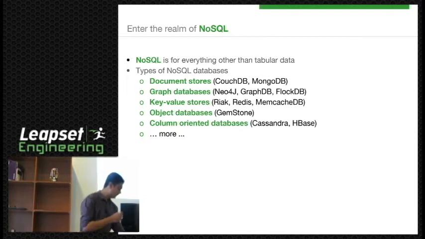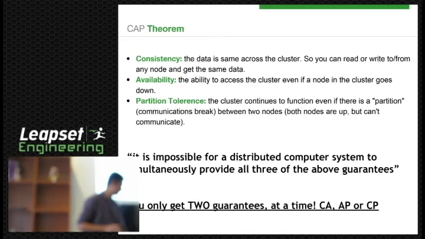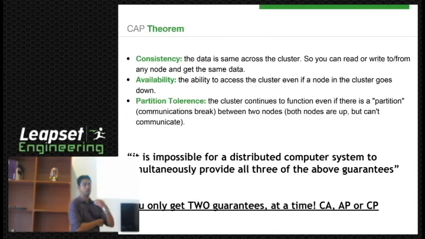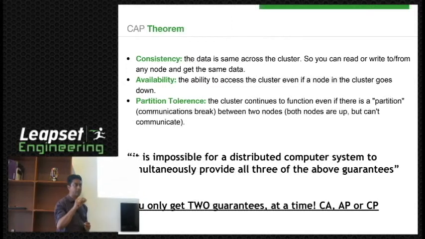One of the fundamental theories that you should understand is the CAP theorem, right? How many of you have heard of this? I know you have. You should know this CAP theorem to pick a particular database which is suitable for you, right? Remember, these NoSQL databases are distributed, right?